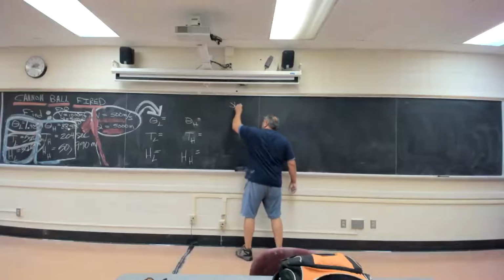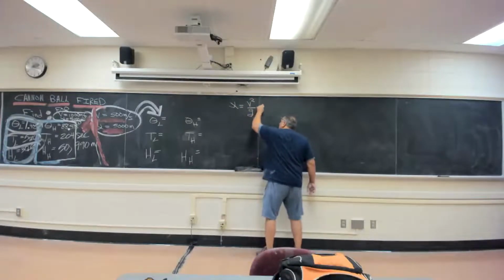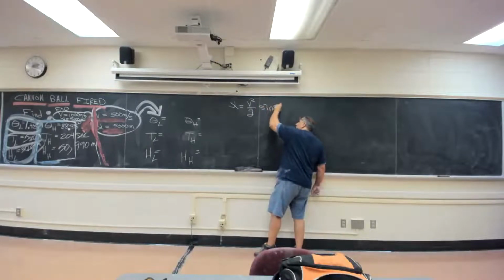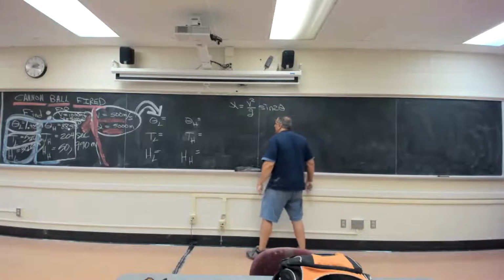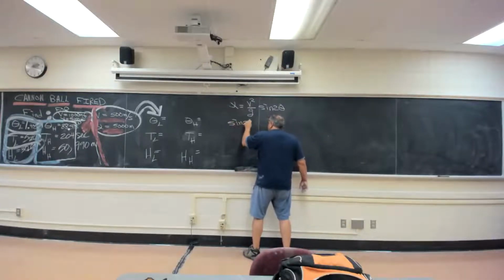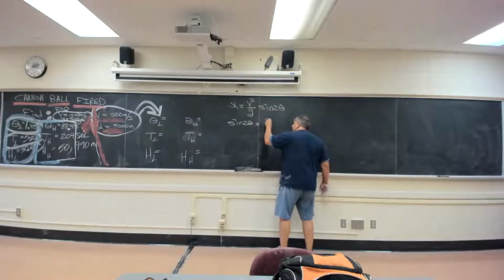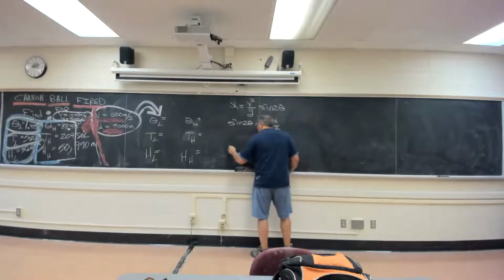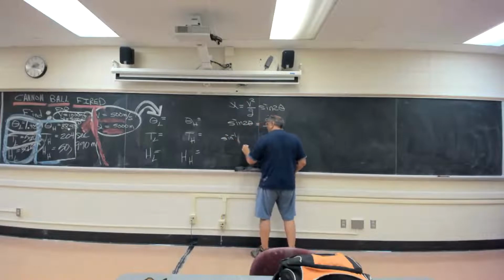You all know V squared over L is this. Here we go again. Do the exact same algebra I did earlier, guys. Multiply by g on each side and divide by v squared. Get the inverse sine on each side.